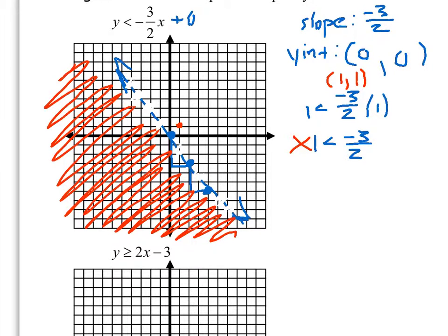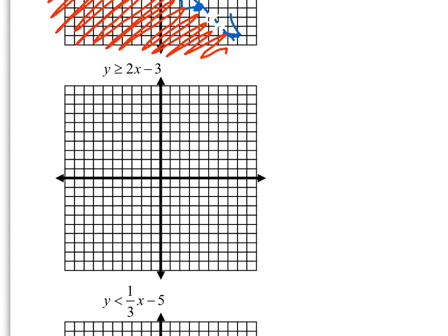That told us that point was not part of the solution. And remember, if something on one side is not part of the solution, then everything on that side is not part of the solution. So we knew we weren't shading this side, it had to be the other side.